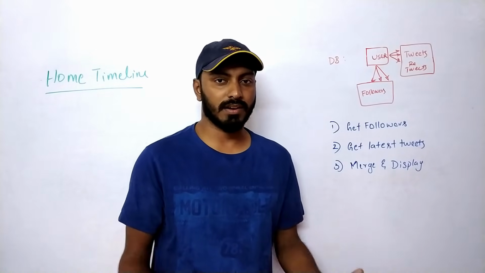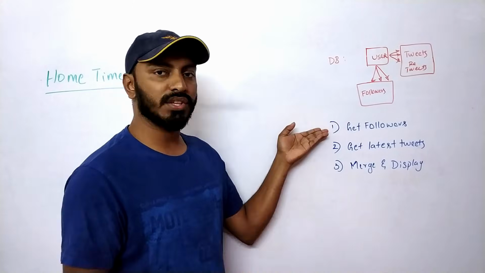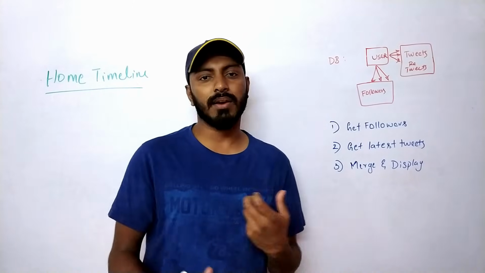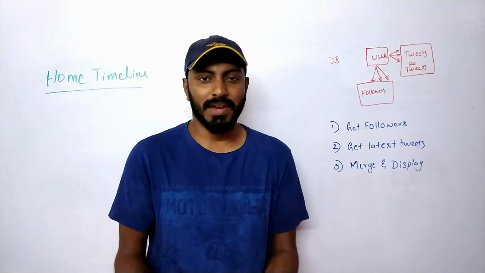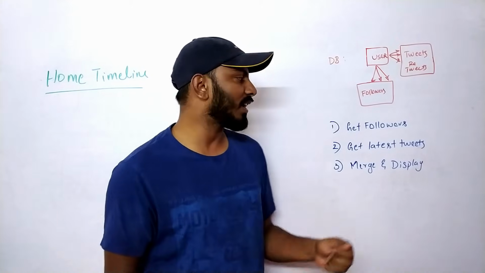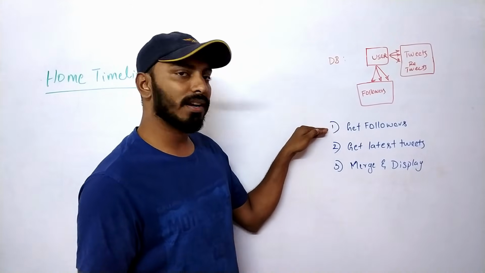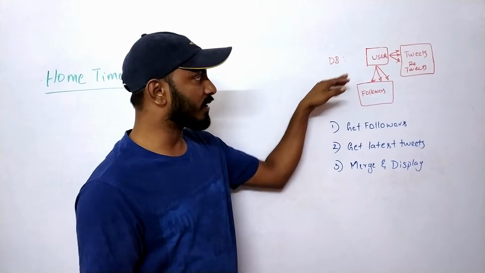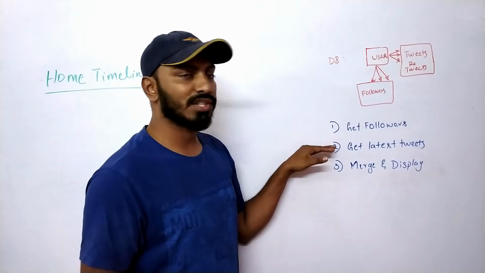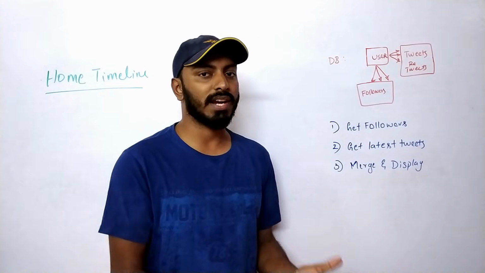Does this work? If you see, we have to get the followers. Hypothetically, every user will follow about 100, 150 pages, right? That means that we have to go to 150 pages or the user table and then get their latest tweets. These queries are heavy on the database.